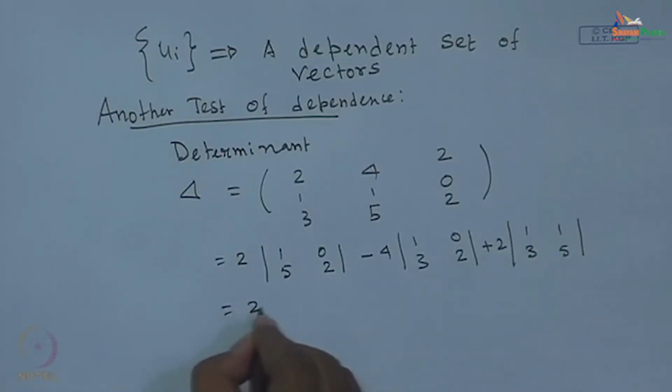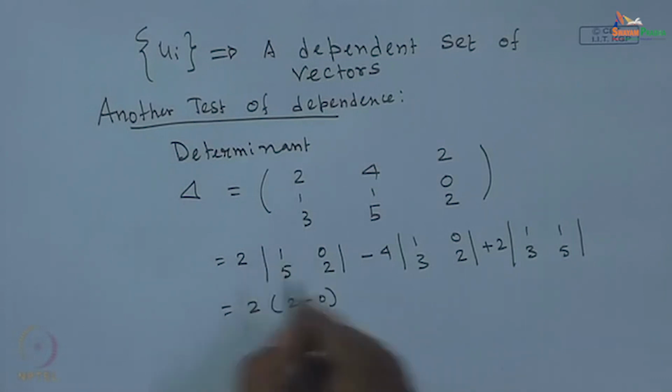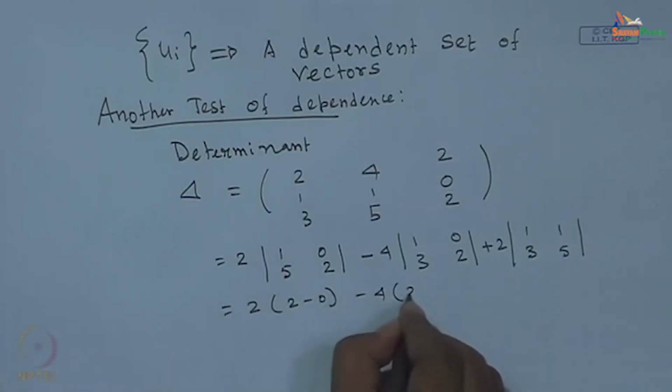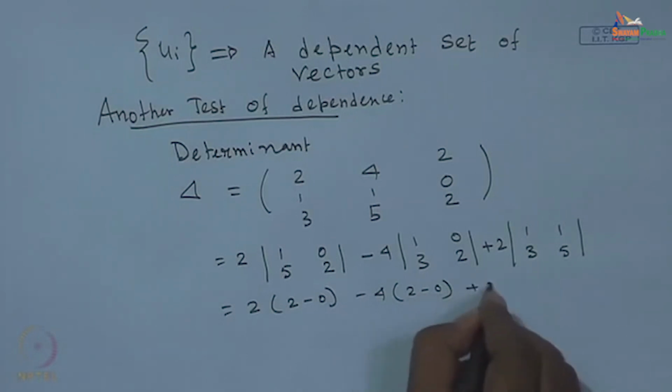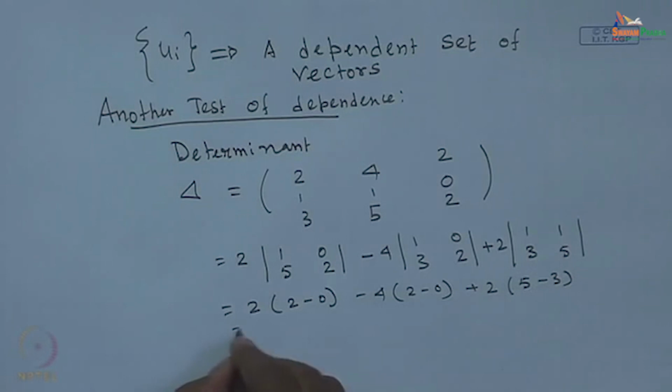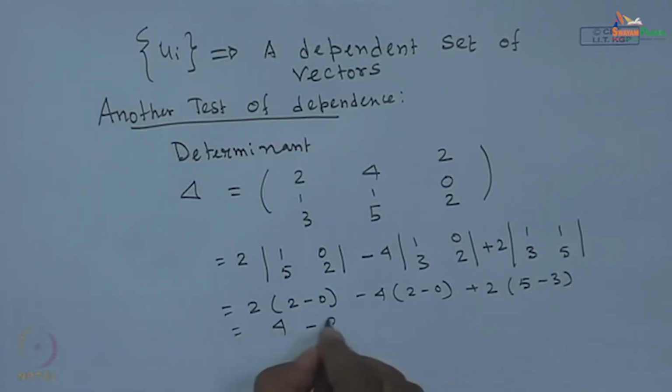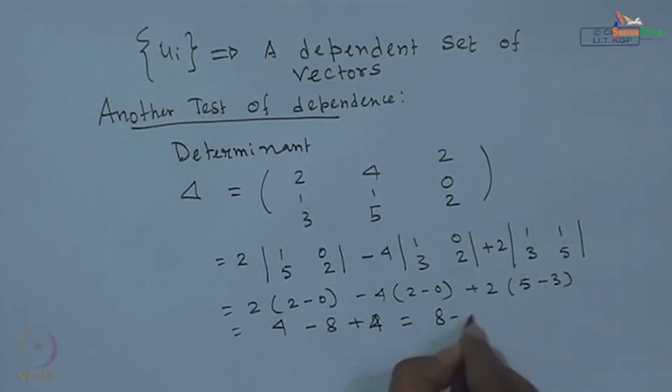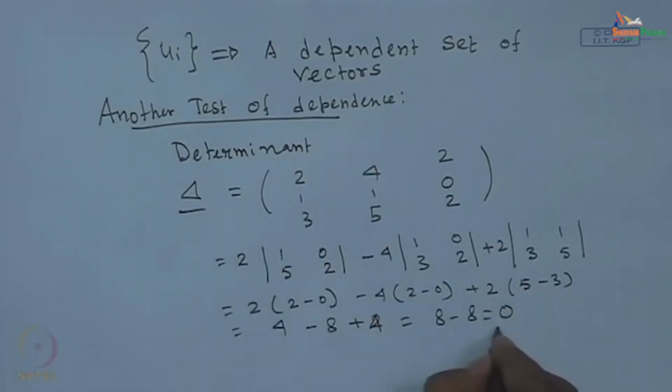So, this becomes 2 multiplied by 2 minus 0, by cross multiplication, minus 4 times 2 minus 0, plus 2 times 5 minus 3. Therefore, this will be 4 minus 8 plus 2 into 2, which is 4. So, this will be 8 minus 8 equal to 0. Therefore, this determinant is equal to 0.